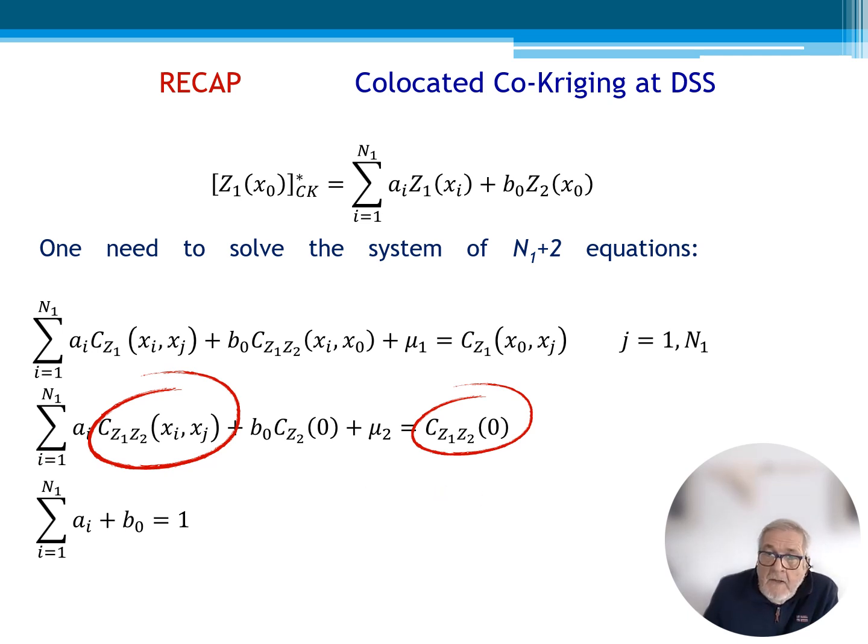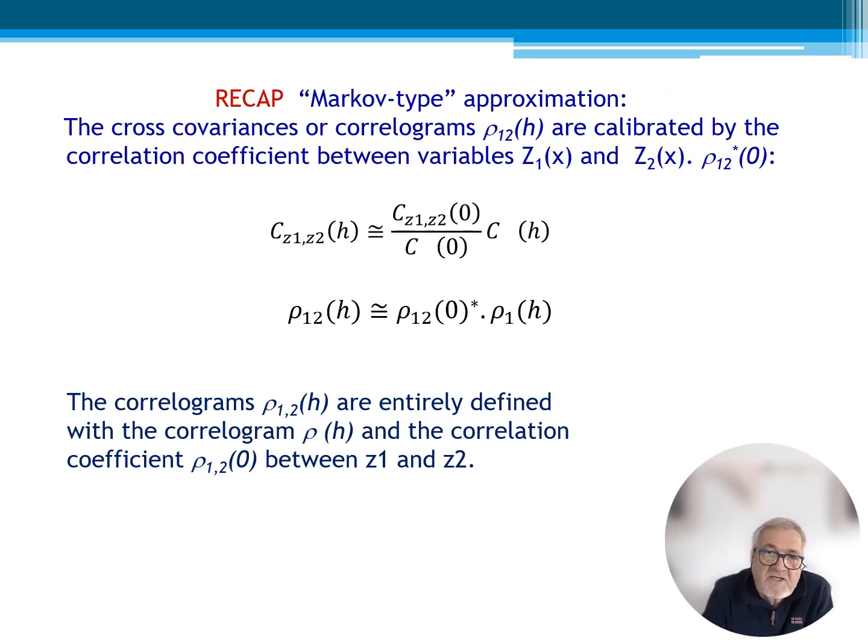In those cases, normally we can use a shortcut, an approximation called Markov type approximation, where the cross covariance or correlograms here are calibrated by the correlation coefficient between the variables Z1 and Z2 through this expression here, which means that I obtain the cross correlograms with the marginal correlograms calibrated by the correlation coefficient.